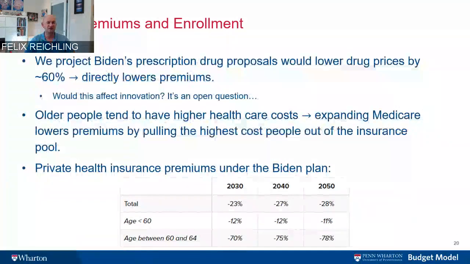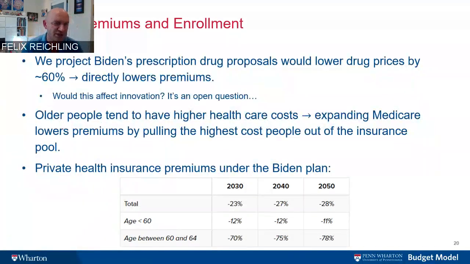So one thing here to note about the drug pricing is that allowing Medicare to negotiate prices and consumers to import prices from abroad has basically the same effect. It will decrease drug prices, and here we assume that they will go down by 60% for everybody, Medicare or not.